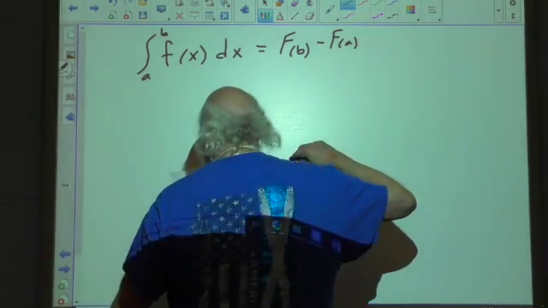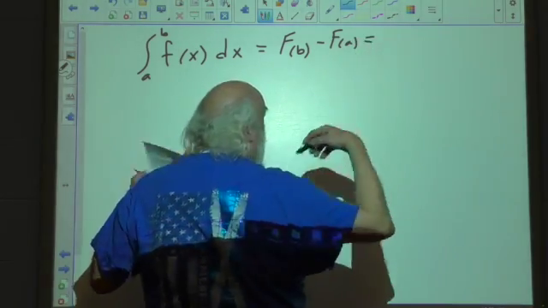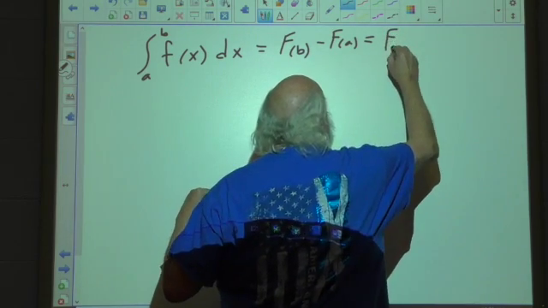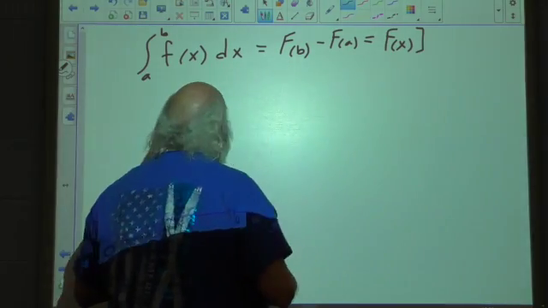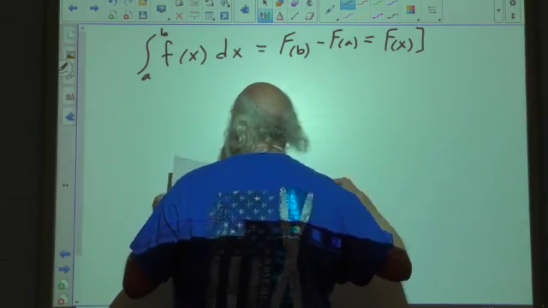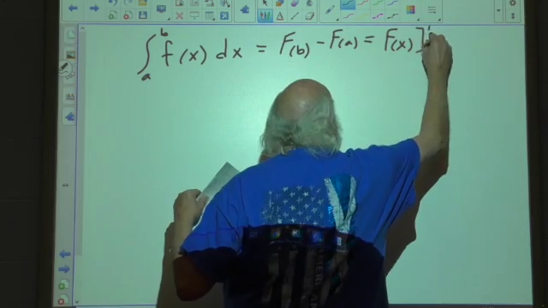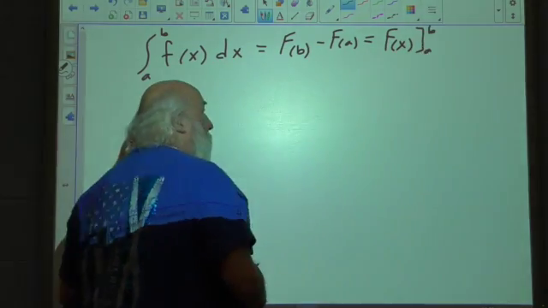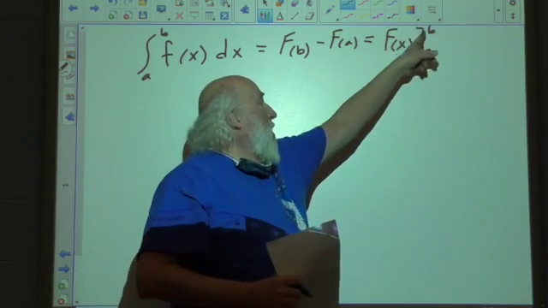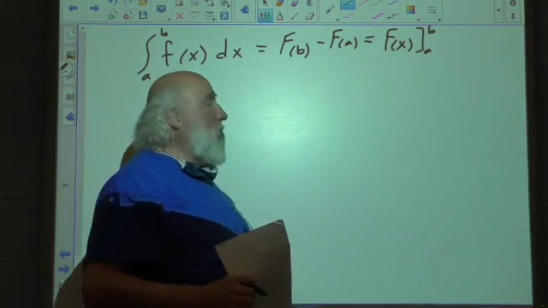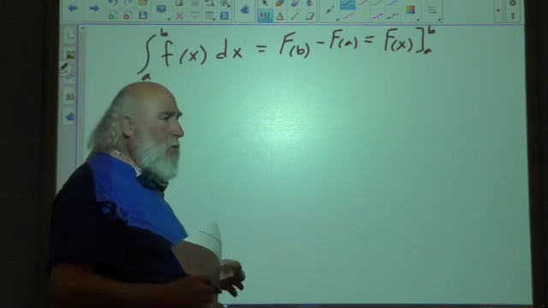When you simplify this, you're going to come up with a value. We're using this notation to show that we are going from a to b. Whatever numbers we have, we're going to be doing a subtraction of those two values, and the designation for doing that looks like this, just a one-sided bracket.